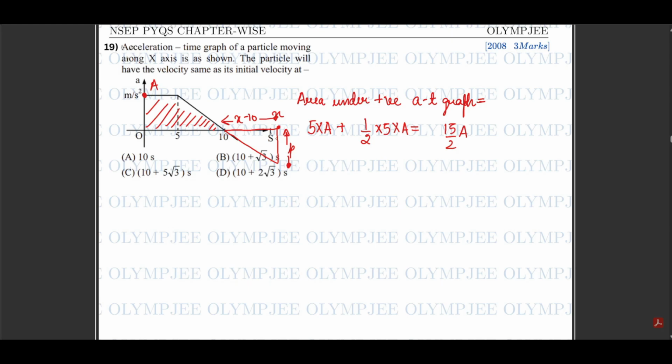So we know that the slope of this line is same, so we can equate the slope.